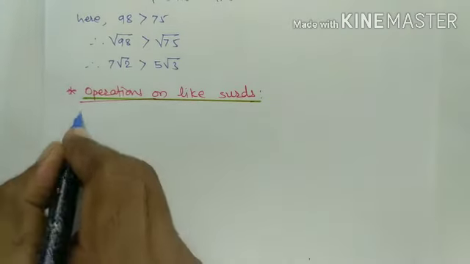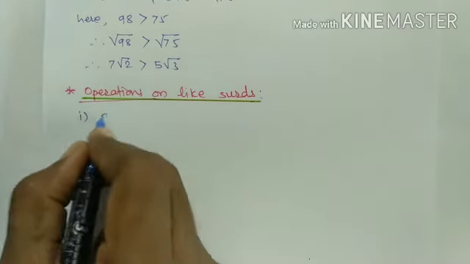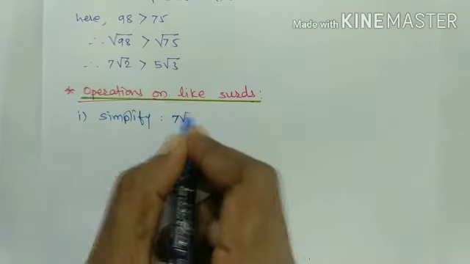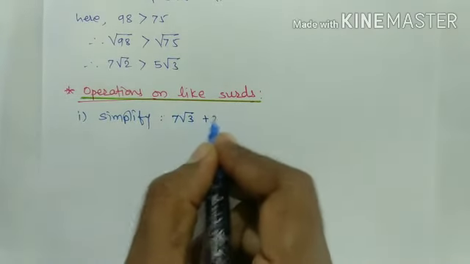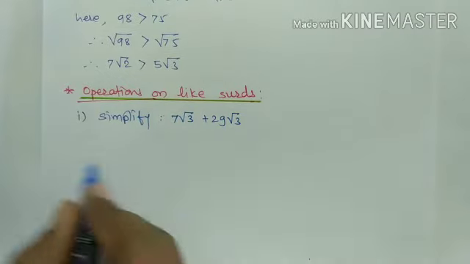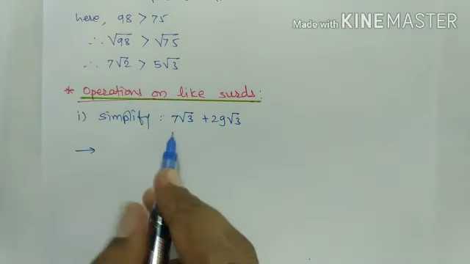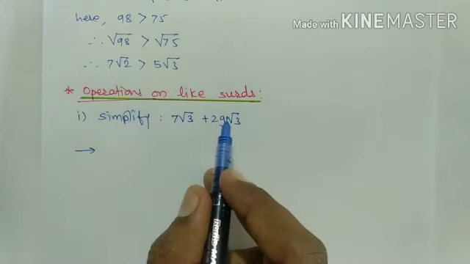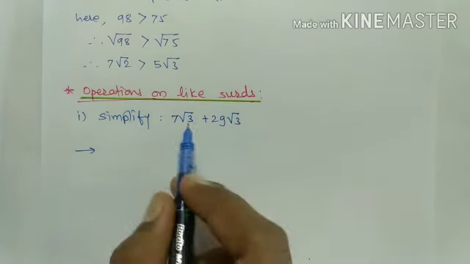For example, the first example is simplify 7 root 3 plus 29 root 3. Now this is the addition. Here these two surds are like surds because the order is 2 for both the surds and the radicand is also the same, which is 3.